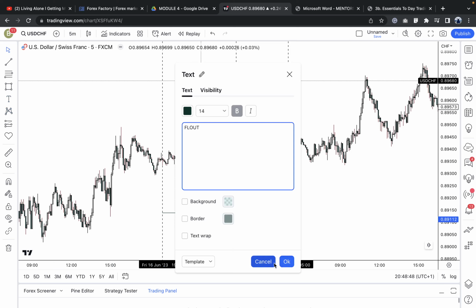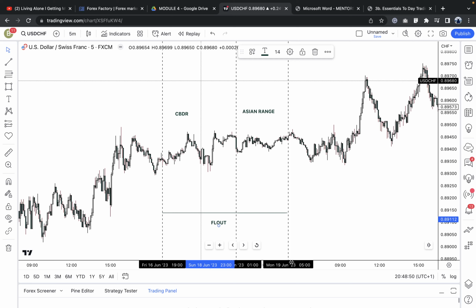Now, we only use this when the central bank dealers range and the Asian range can be blended into one, because they're both a small, tight consolidation. This is where we get the flout. Now, how do you want to utilize the standard deviations with the flout? It is quite different from just the central bank dealers range. As usual, you start off by identifying the highest close inside of the range.